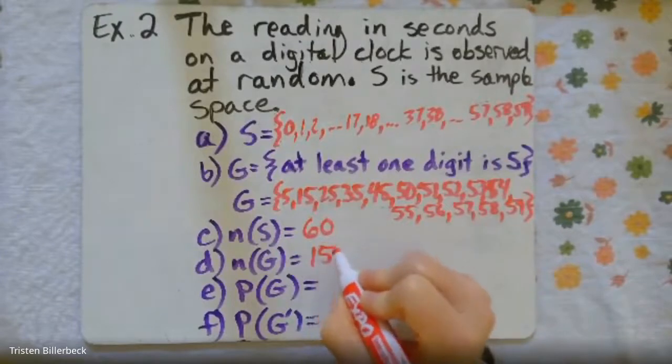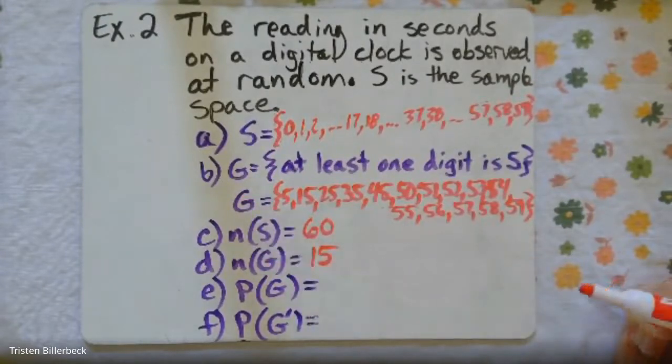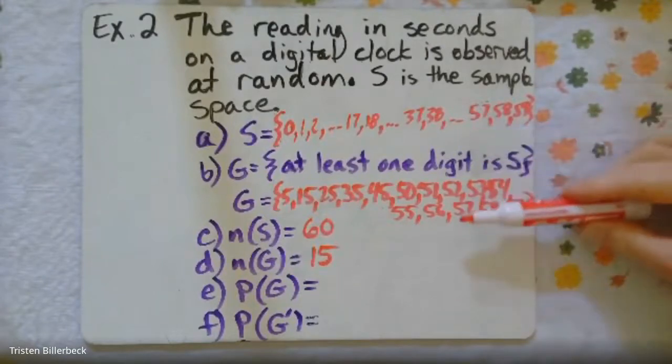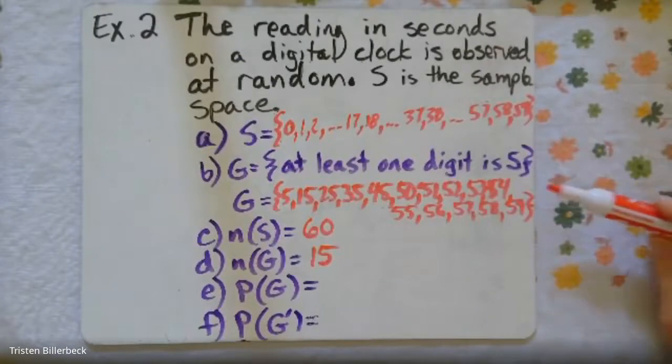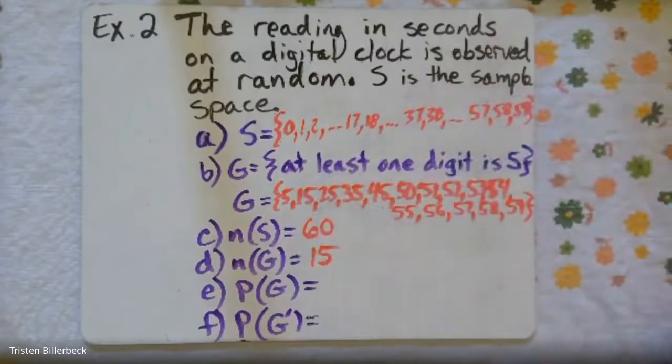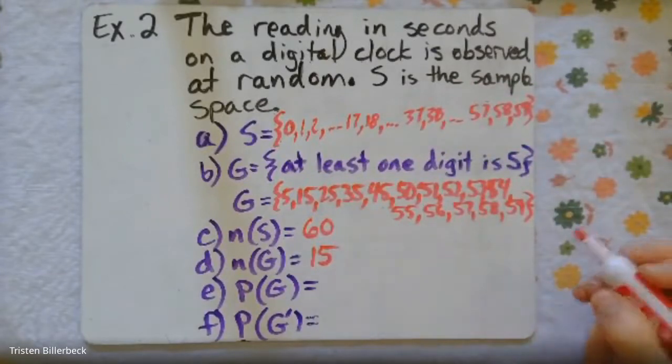So there are 15 elements in the set G. So when we do probability and statistics, you should always try to write out your sets so that you can just count them, okay? It avoids a lot of mistakes.